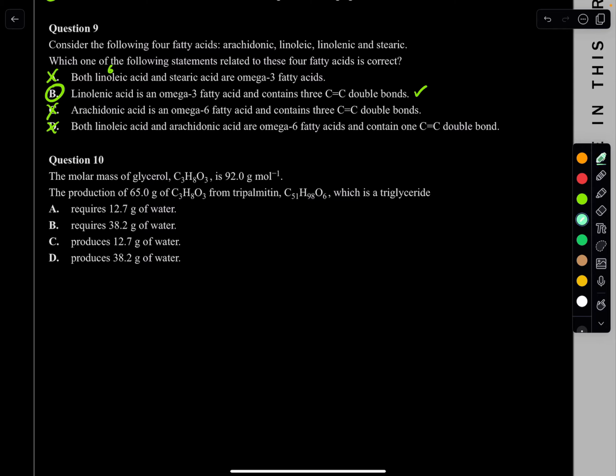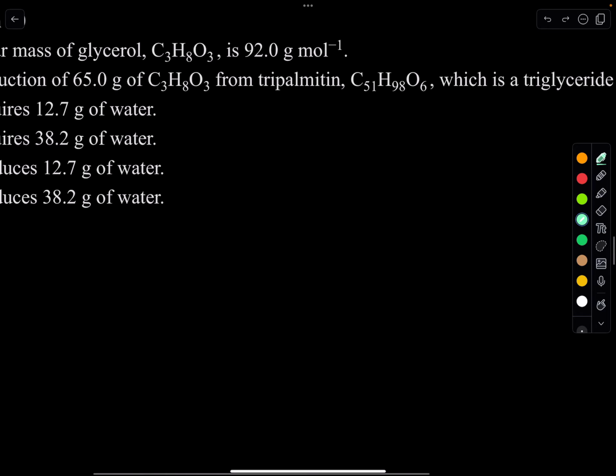Next question, let's use a different color. The molar mass of glycerol, which is this, is 92 grams per mole. The production of 65 grams of glycerol from tripalmitin, which is this, which is a triglyceride, is what? Okay, so basically it's just the hydrolysis of a triglyceride. So imagine this tripalmitin, I'm going to write it here.